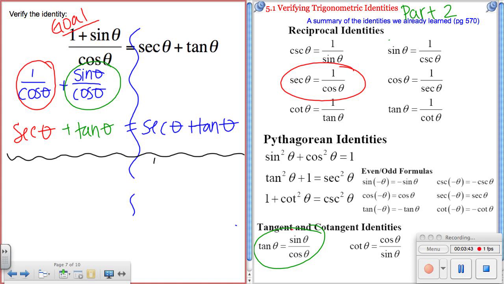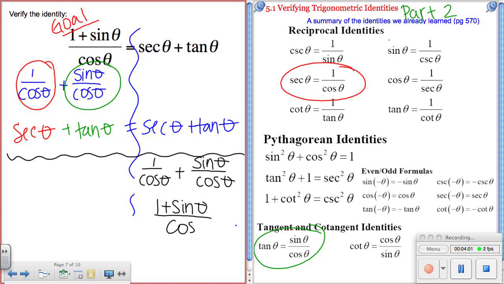You could say that secant is 1 over cosine, that tangent is sine over cosine, and now I have common denominators, so I can add straight across the top, keep the denominator the same, and I get the goal I was looking for.